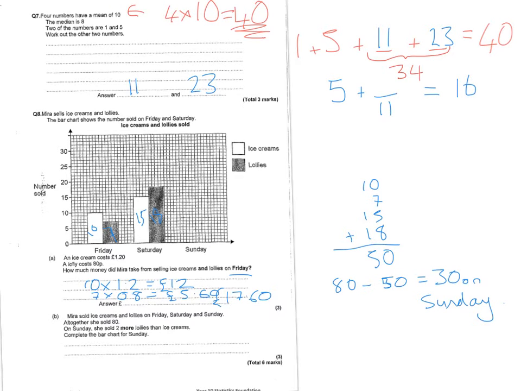She sold 2 more lollies than ice cream, so if she sold them evenly, that would be 15, 15, but 14, 16 is 2 more. So that's 16 lollies and 14 ice creams. So now I draw my bar chart. It's got a 5 gap there, so it should be a 5 gap here.